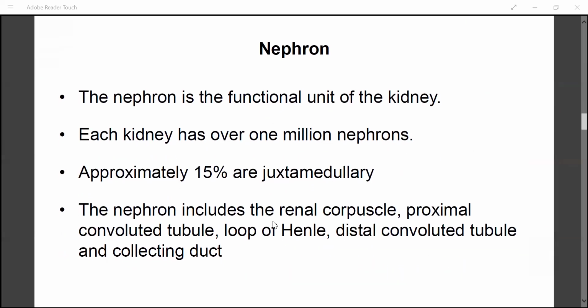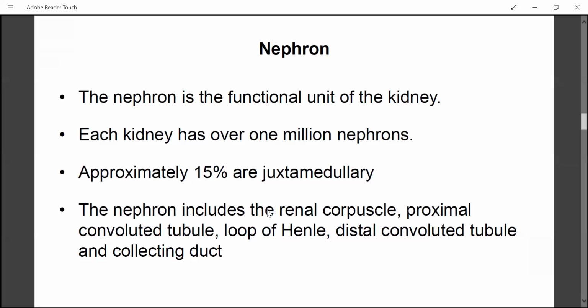So the kidney is our most important unit for our urinary system, but within the kidney, we have our nephron, which we consider the functional unit. So each individual kidney has over 1 million nephrons.